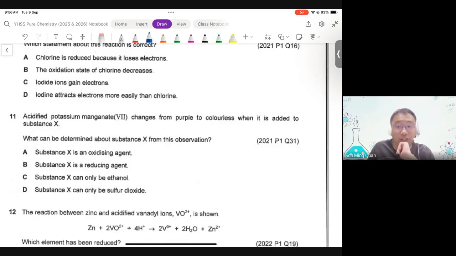So let's vote on question 11 now. Okay, 2 more students to vote.